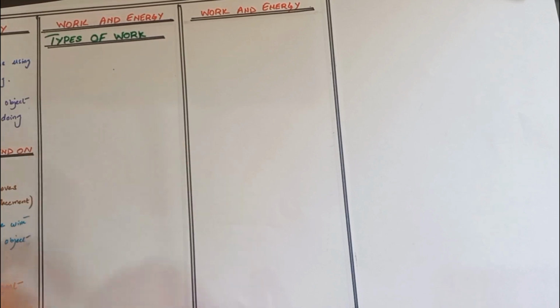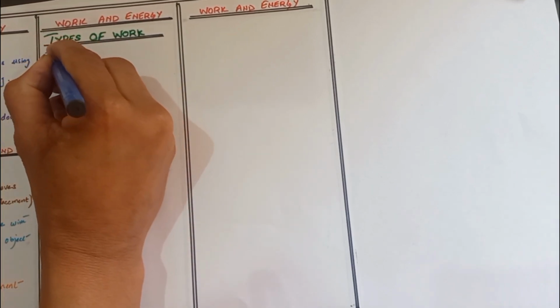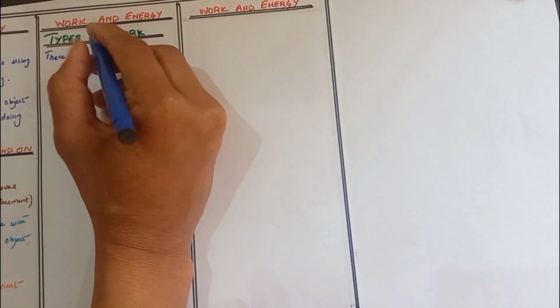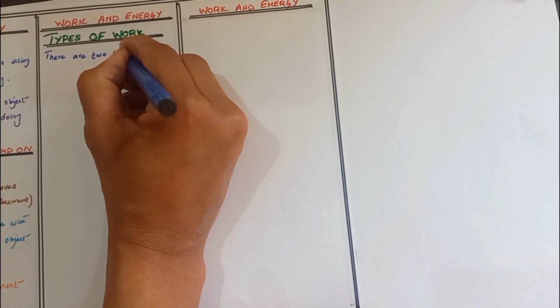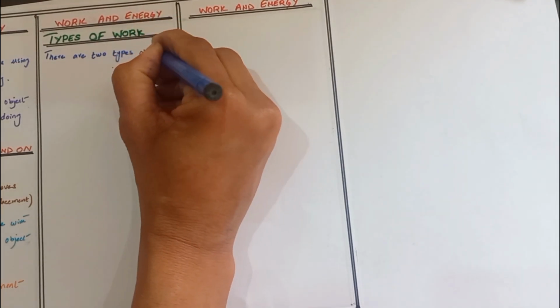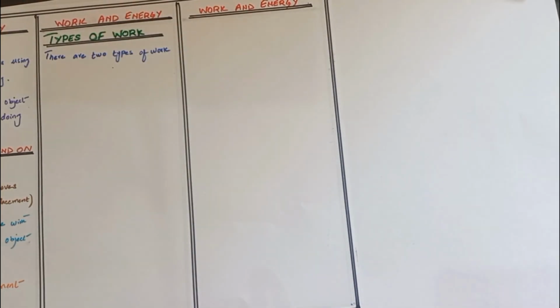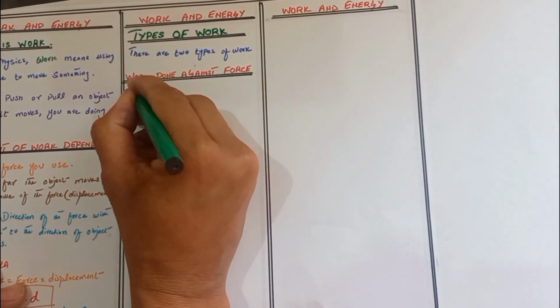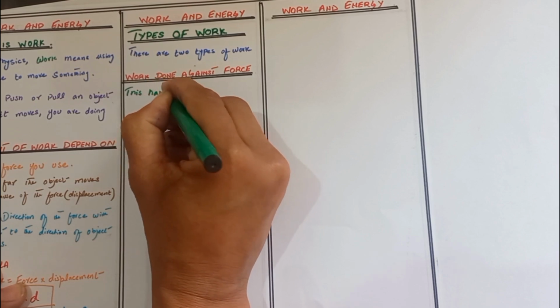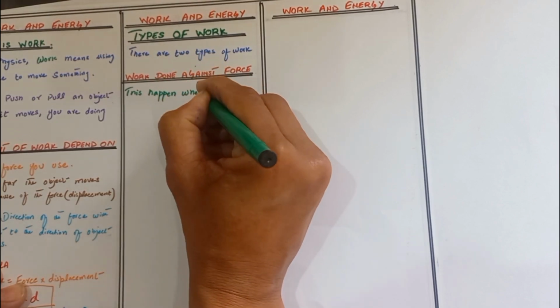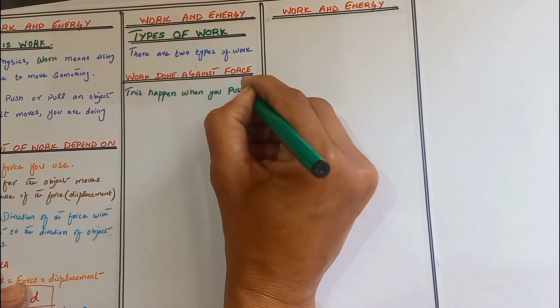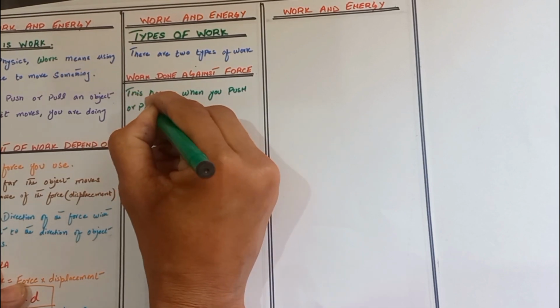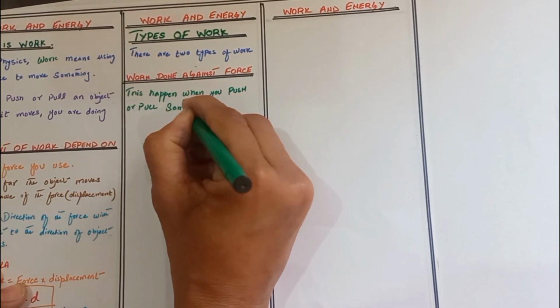Now we discuss the types of work. There are two types of work. The first type is the work done against a force. This happens when you push or pull something.